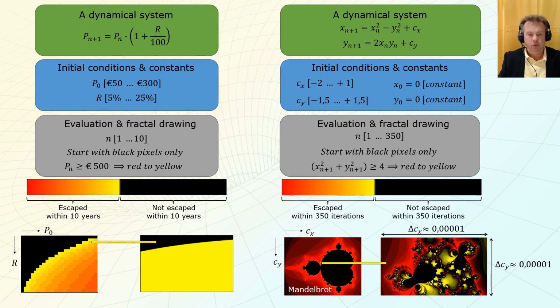So this dynamical system is extremely sensitive to the choice for the initial conditions, the Cx and the Cy. If you change Cx or Cy just by a tiny fraction, the color will tell you that it might behave completely differently. It will escape, it will not escape, it will escape quickly, it will escape slowly, and that's what you get from the colors. So this is it.